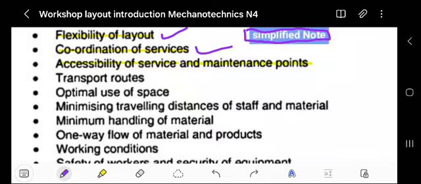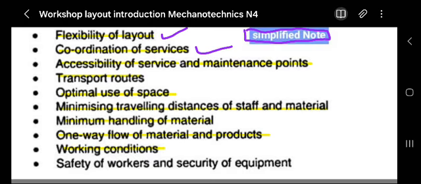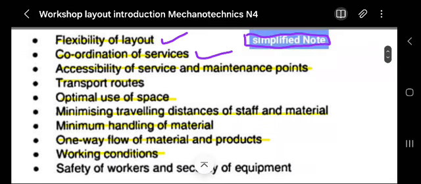Flexibility of layout, coordination of service, accessibility of service and maintenance points, transport roads, optimum use of space, minimizing traveling distance of staff and material, minimum handling of material, one-way flow of material and production, working conditions. Remember, when you're talking about hygiene, you just simplify it like this.